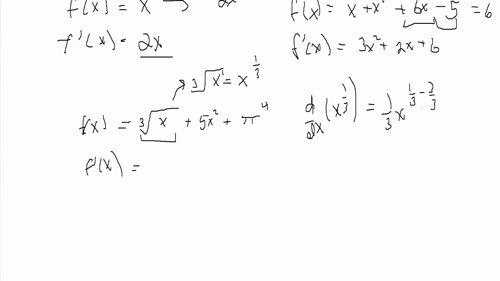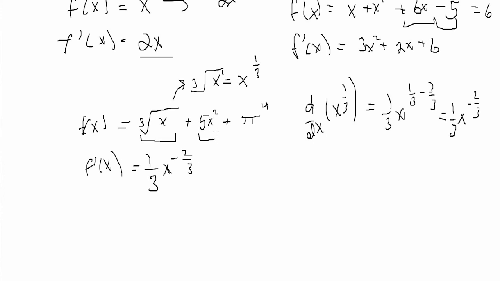So we can simplify the exponents, and it becomes 1/3 x to the negative 2/3, right? Because 1 minus 3 is just negative 2, and then you keep the denominator the same. So you get 1/3 x to the negative 2/3.